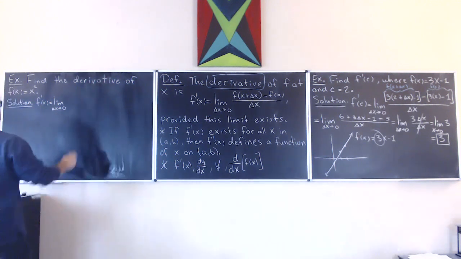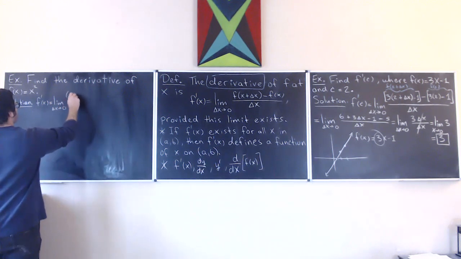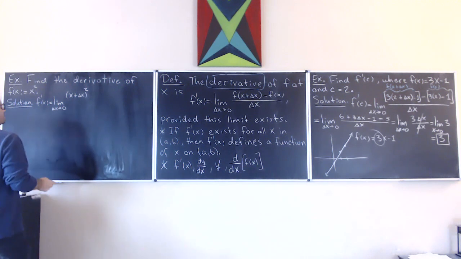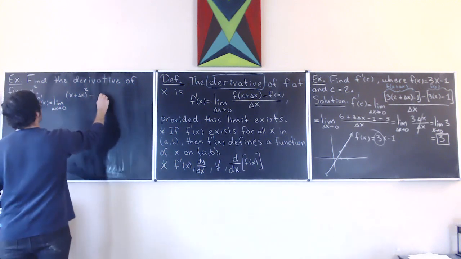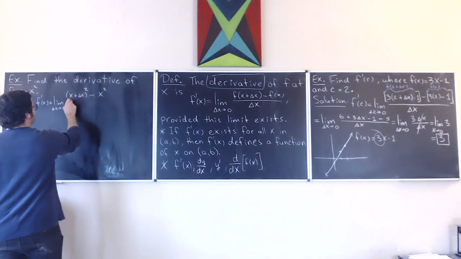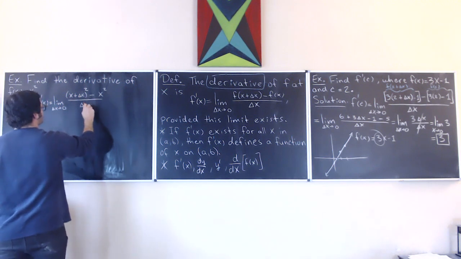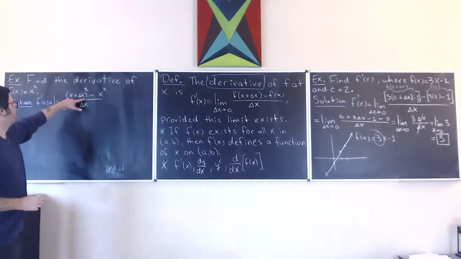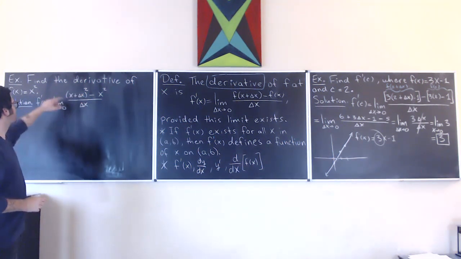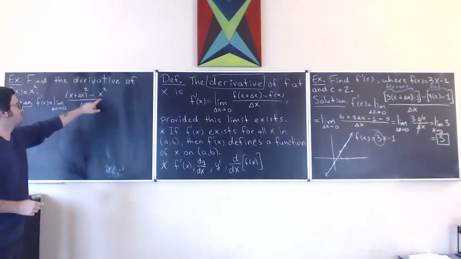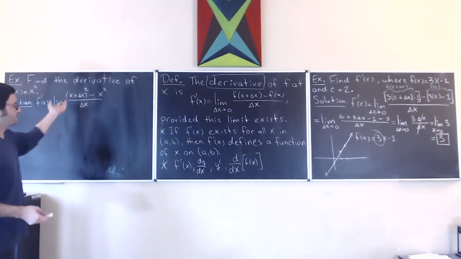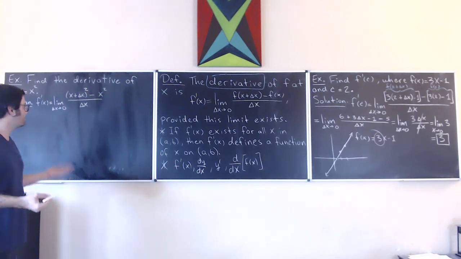So this is like saying (x plus delta x) all squared minus x squared all over delta x. Now this is our function evaluated at x plus delta x. That's our function evaluated at x, and there's our delta x. So everything matches up. So now we just have to expand this and do some algebraic manipulation to see what it is.